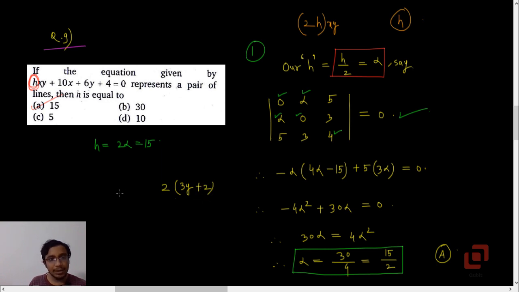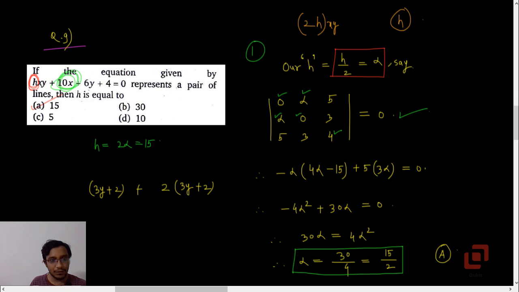Now if we were to take something common from the first two terms of this equation, and if we want the same factor to be considered as the common factor, that is 3y plus 2, what should it be? 5x, because this is 10x.